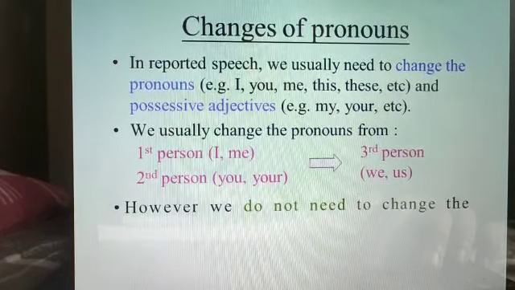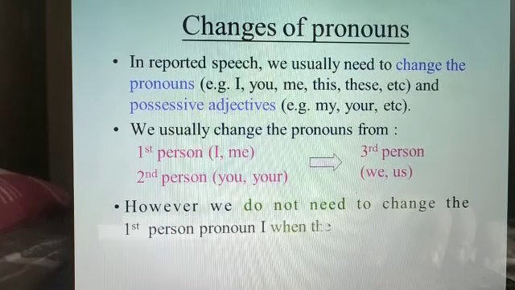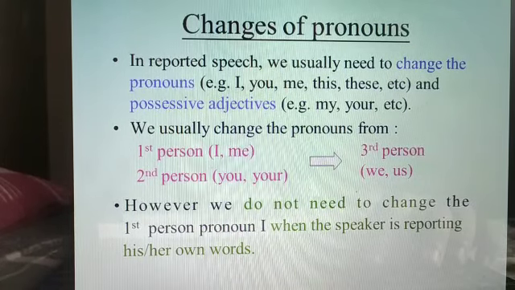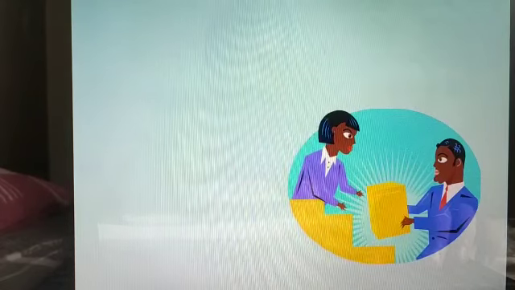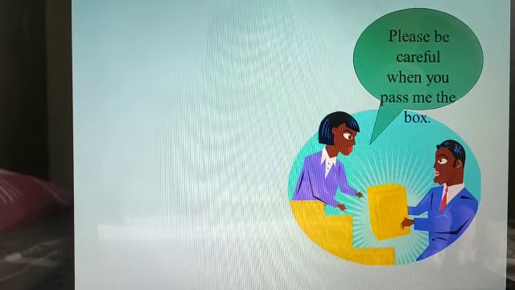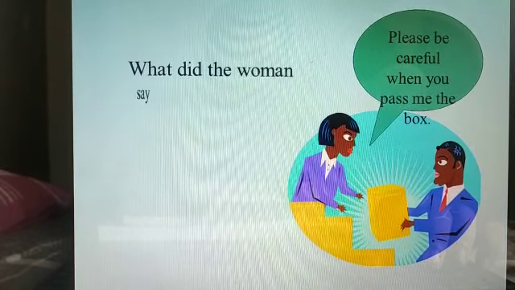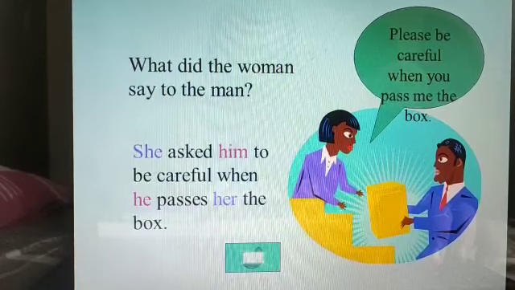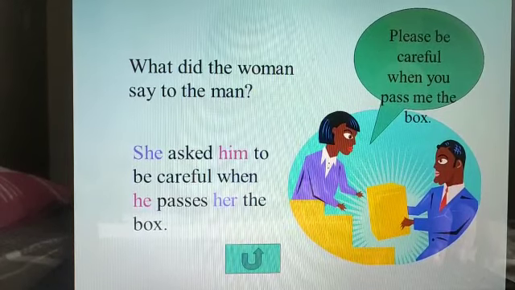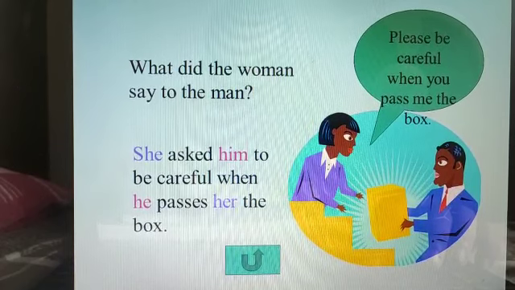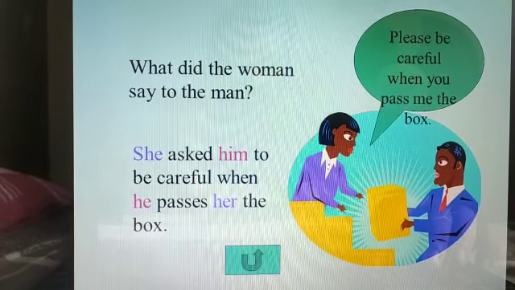However, we do not need to change the first person pronoun I when the speaker is reporting his or her own words. For example, please be careful when you pass me the box. What did the woman say to the man? She asked him to be careful when he passes her the box. Right?